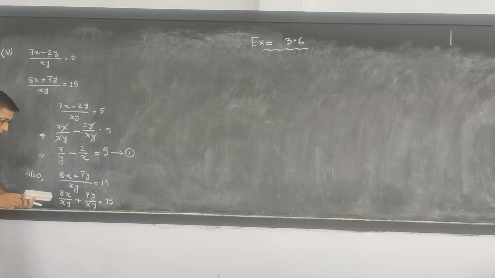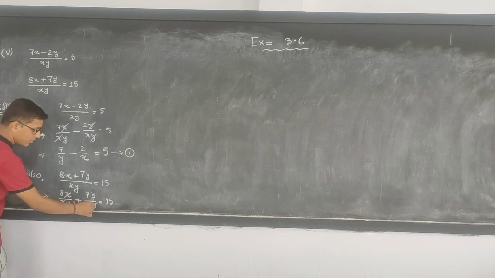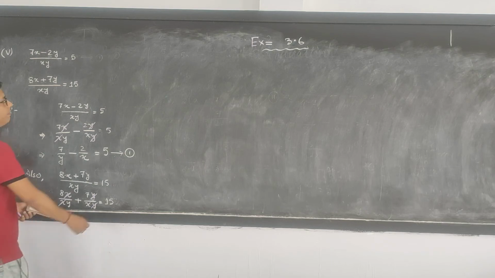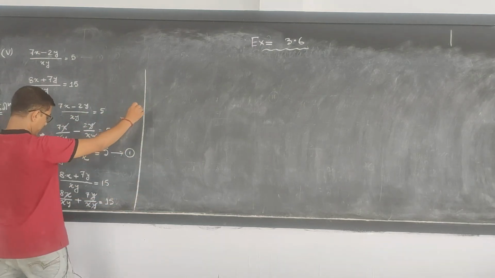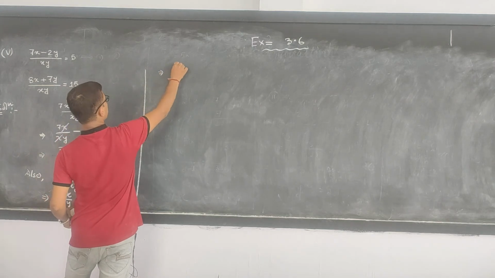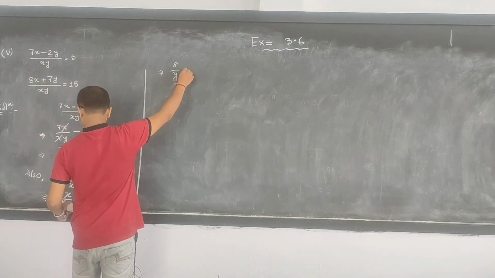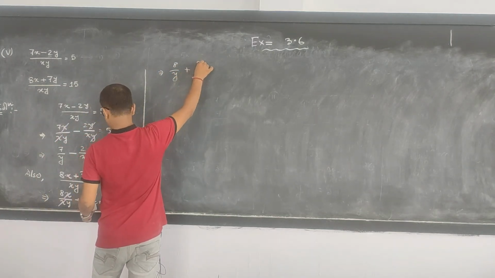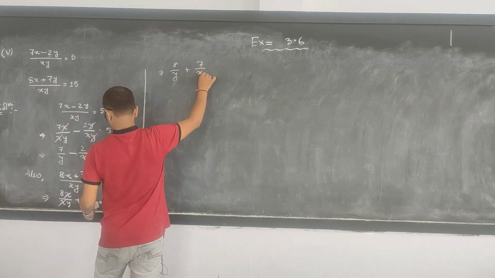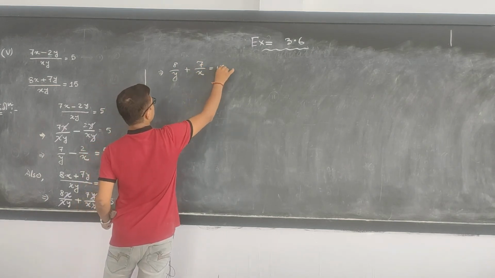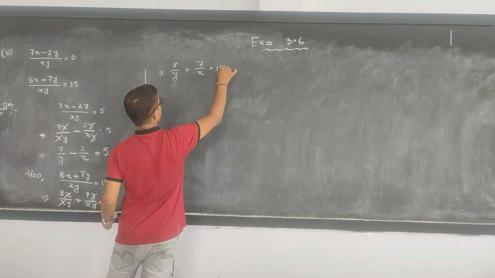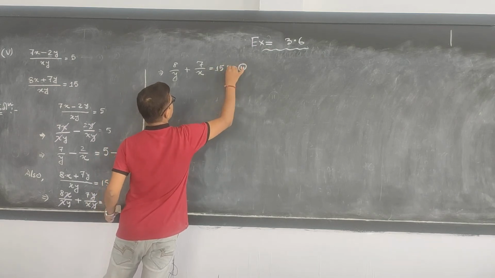Is that okay? Now look, this x can be cancelled. This y can also be cancelled. Then if you cancel it, it becomes 8 by y plus 7 by x is equals to 15. A new equation. Let us make it as equation number 2.